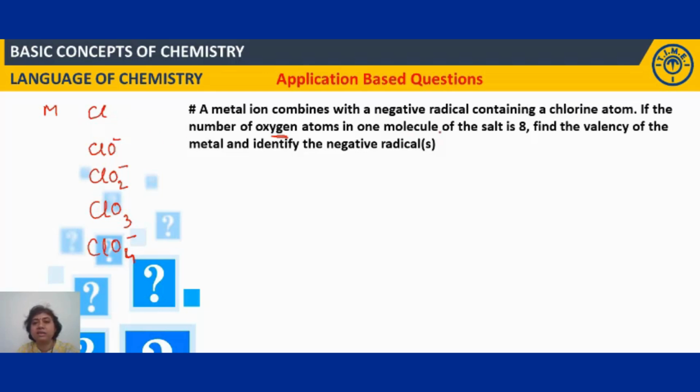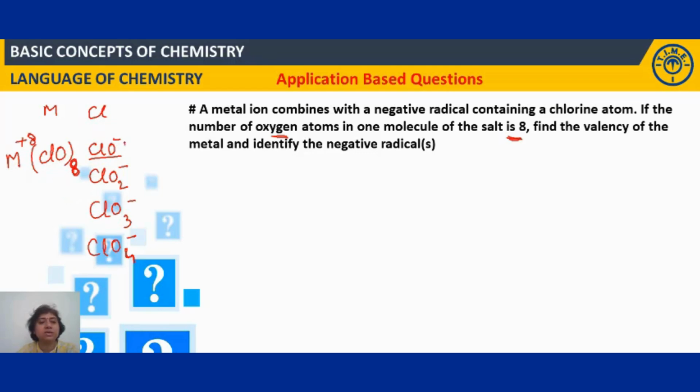Now it is given that in one molecule of the salt there are 8 oxygen atoms. First one, if we consider hypochlorite, then for 8 oxygen atoms, this has to be taken 8 times. That means metal valency must be +8 and M(ClO)8. Look at all the negative radicals: everywhere the valency is -1. So if metal valency is 8, then only M(ClO)8 is possible. A valency of 8 is not possible for any of the elements.